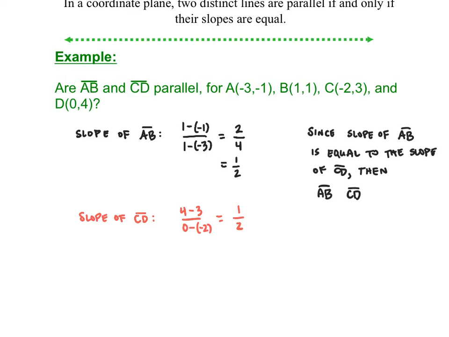Now, a symbol that we use for parallel is that symbol right there. Okay, so since their slopes are equal, the segments are parallel.